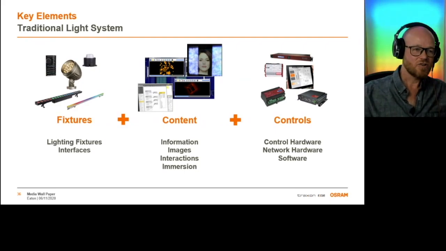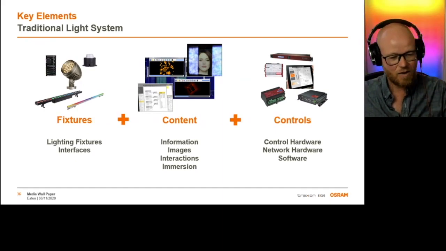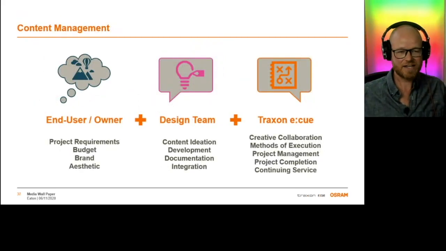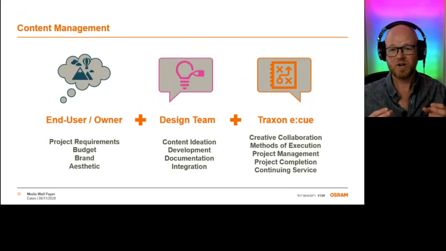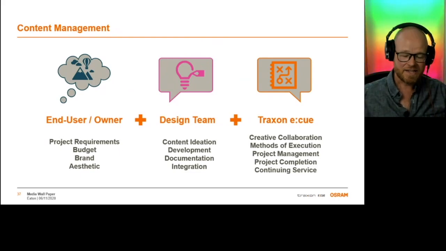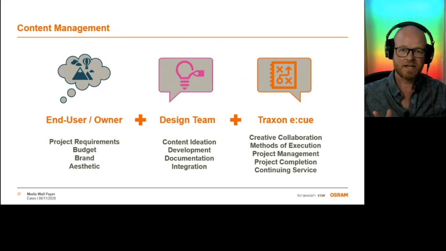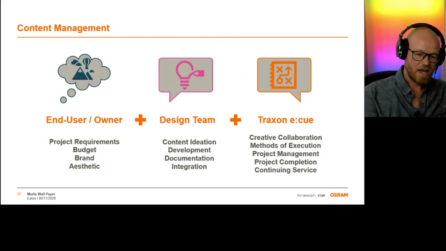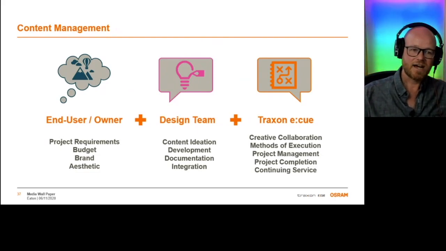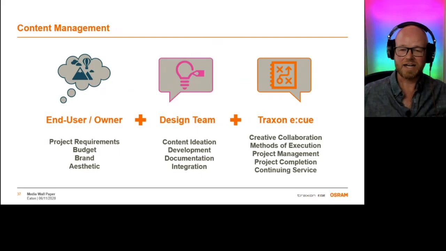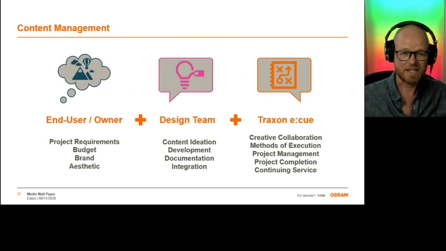So as you wade into this new realm of architectural lighting practice, Traxon EQ is there to partner with your design team and ownership to help both from the very beginning of creative conceptualization to help identify feasibility and budget targets, and collaborate with your team through the entire process, through project management, project installation, commissioning, and even continuing service and maintenance.